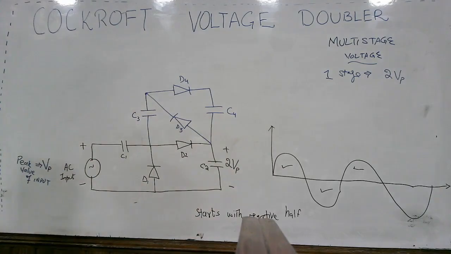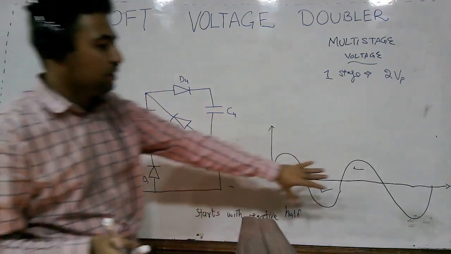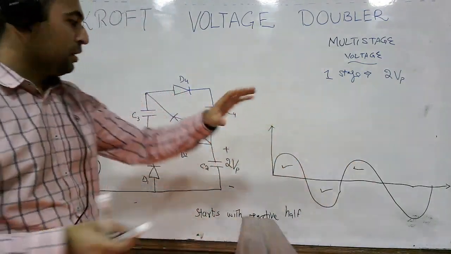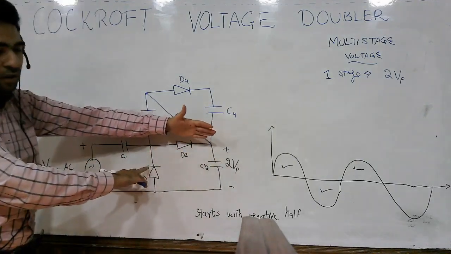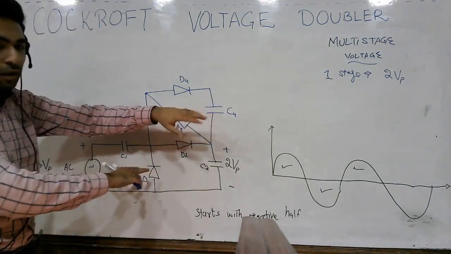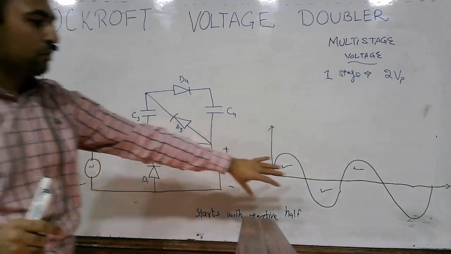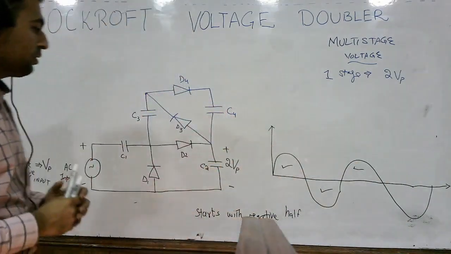Now what happens? As I told you, the single stage requires only one cycle to double up the voltage. Now what's going to happen?